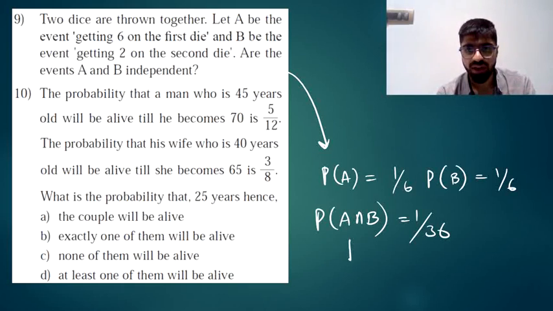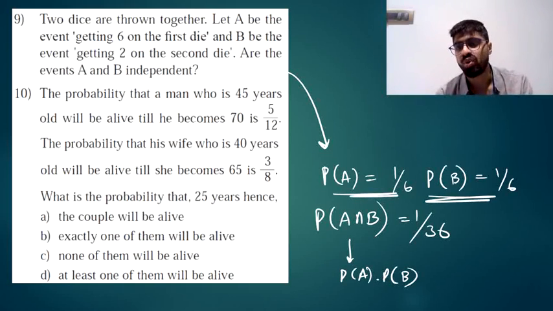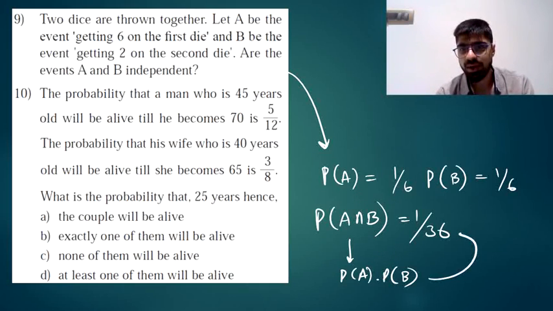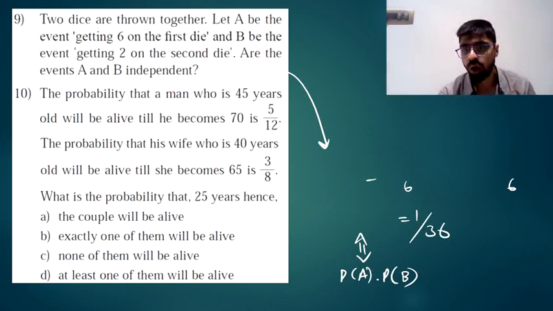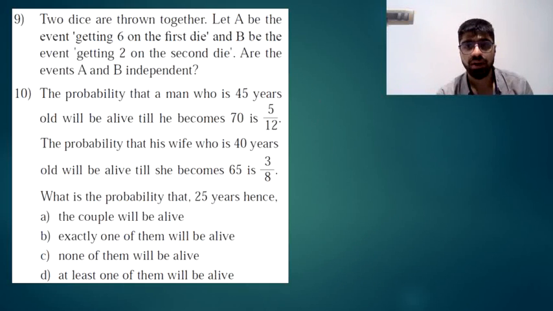If you realize, P of A intersection B is P of A into P of B, because P of A into P of B gives you 1 by 36, and it is the same as P of A intersection B. And because P of A intersection B is equal to P of A into P of B, we say that the two events are independent, because mathematically they are satisfying the condition of independent events. So yes, they are independent.